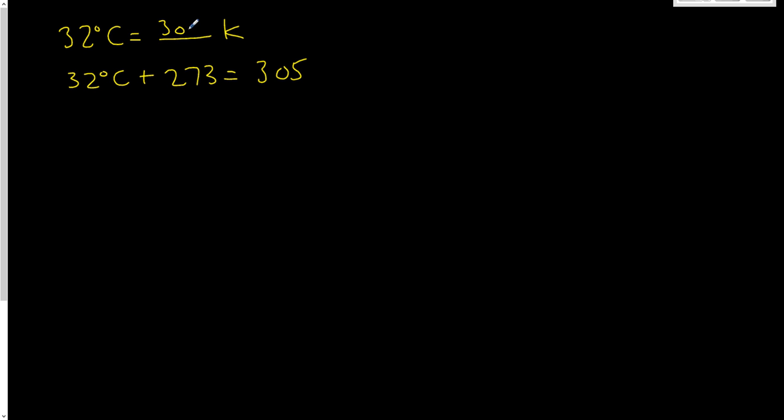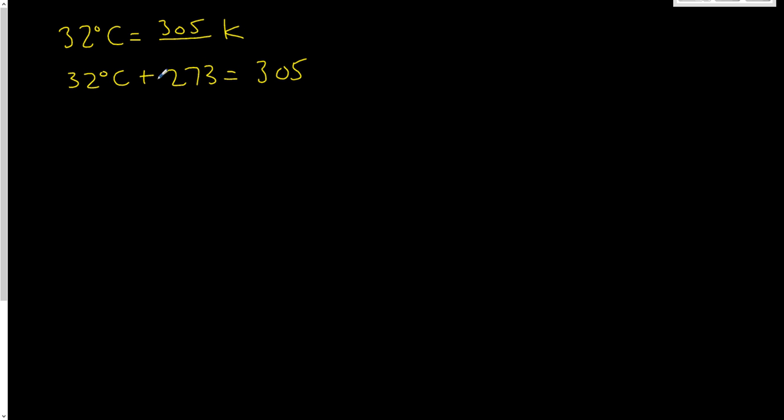Let's say we have 32 degrees Celsius and we want to convert that to Kelvin. Pretty straightforward. We're just adding 273 to our Celsius. That gives us 305. Therefore, 305 Kelvin and 32 degrees Celsius are equivalent temperatures.